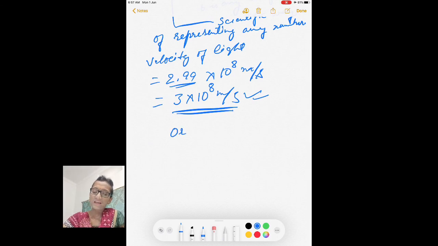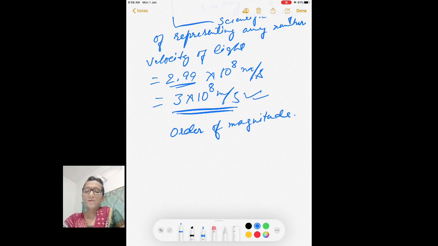Now, the next thing is order of magnitude. One more thing: when you consider this 10 to the power 8, this is a very large number, and when it is multiplied by 2 or 3 or 4, this becomes insignificant. So generally we ask what is the order of speed of light, what is the order of mass of electron or anything.